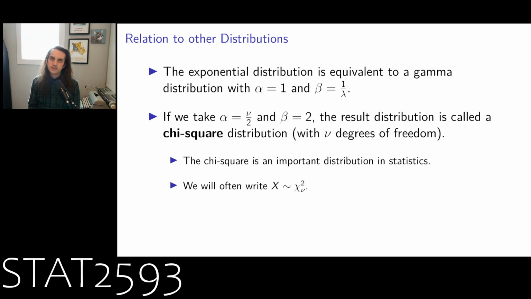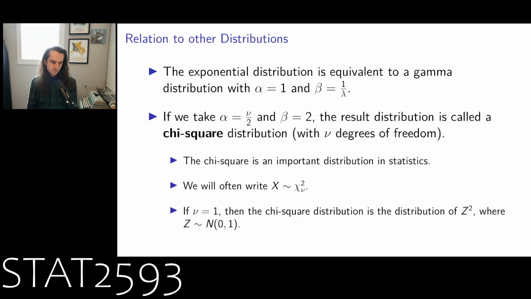Now, we'll often write that something follows a chi-squared using the chi-square mathematical notation. And one of the connections that we can draw is that if we take z to be a standard normal, so normal 0, 1, then z squared is going to give you a chi-square 1 distribution, right? That's a connection that's helpful to know.